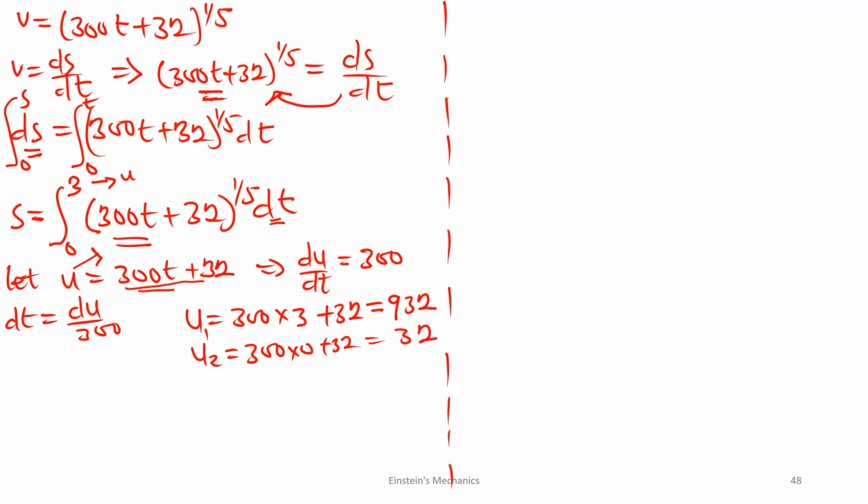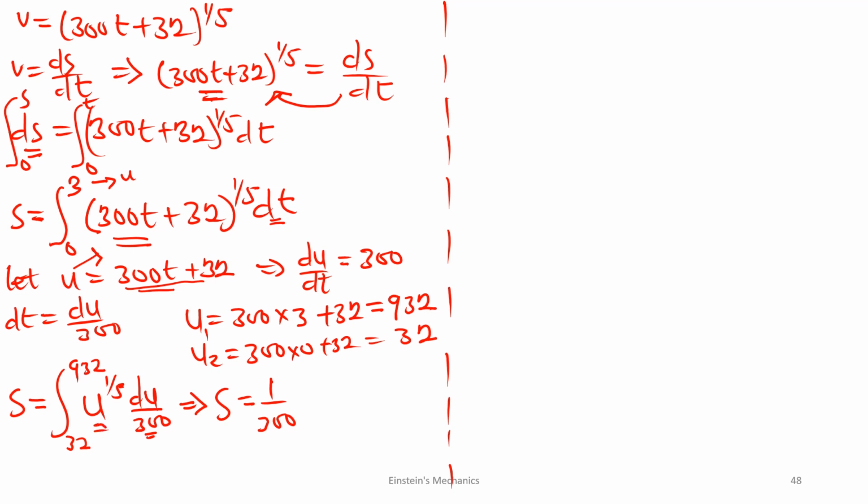So practically this is what we are going to get. x is the integral from 32 to 932. The function is u to the power 1 on 5, and we have the dt as du on 300. So this is implying that my x is equal to, I'll take 1 on 300 out, then I'll carry out the integration of this.